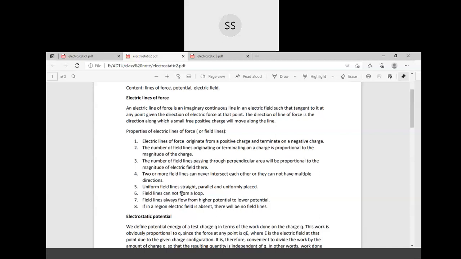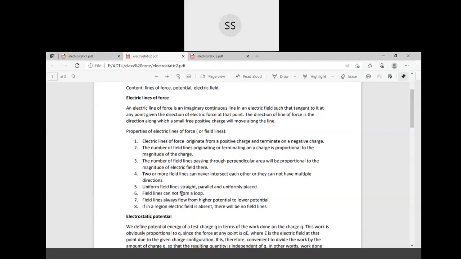Two or more field lines can never intersect each other, since they always go away from each other as we go away from the source.